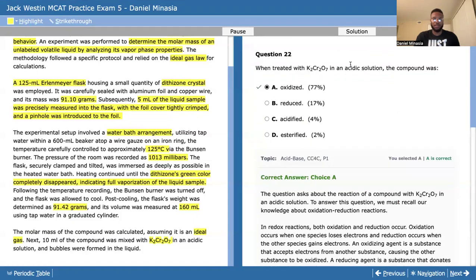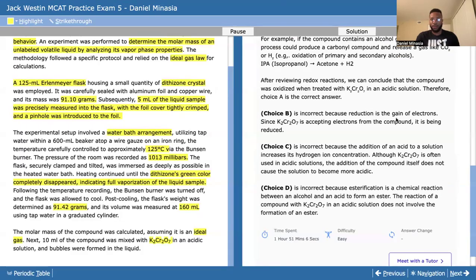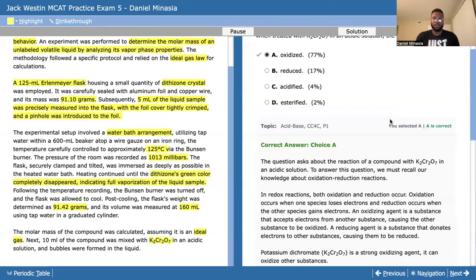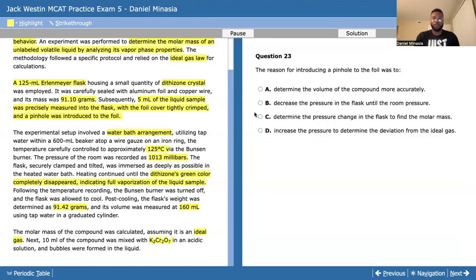Oxidation is loss of electrons, so it's going to help whatever it is interacting with lose electrons and get oxidized. That's literally just it. A lot of people understand that. 77% of people got this question right. Great. I'm going to move on to the next question real quick without wasting much time because I don't want to make this video too long.